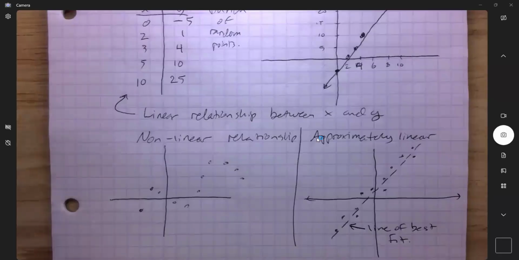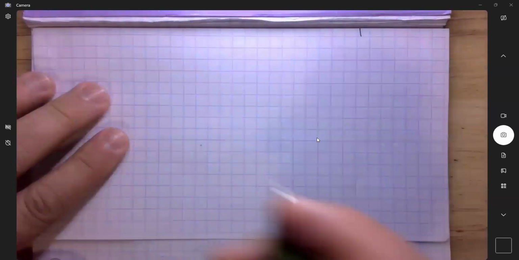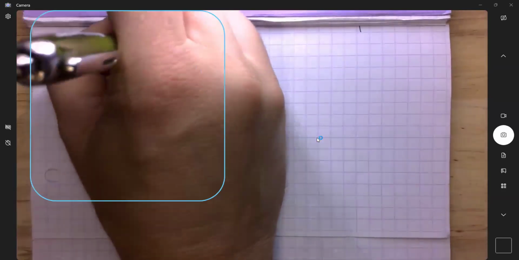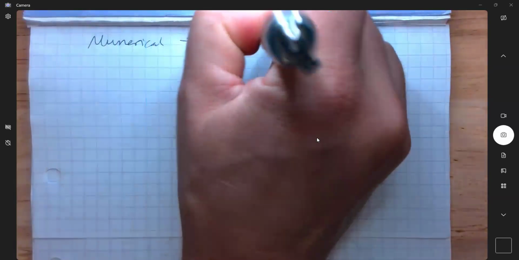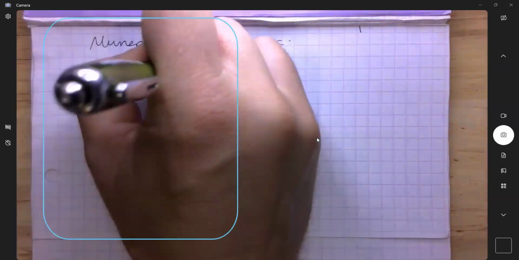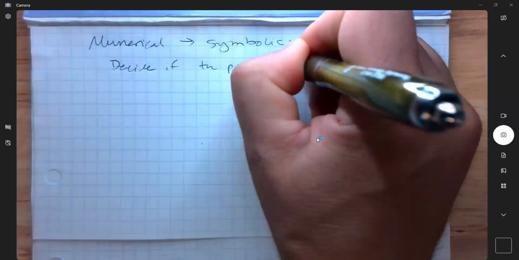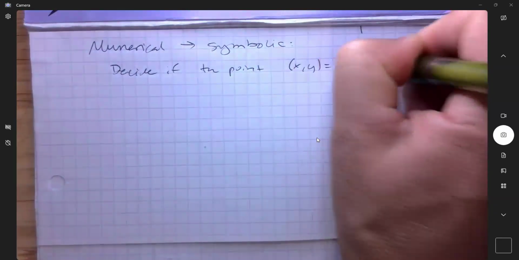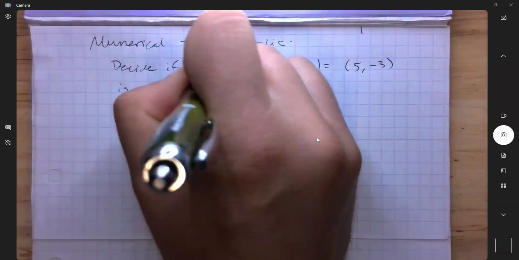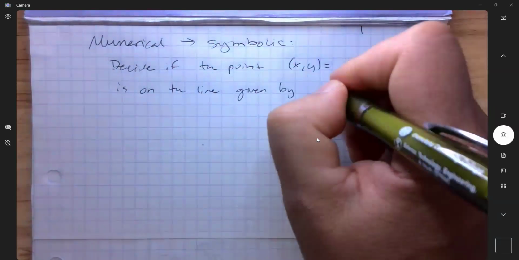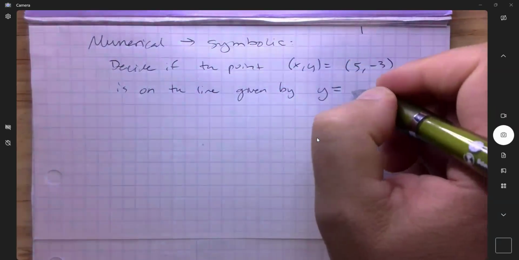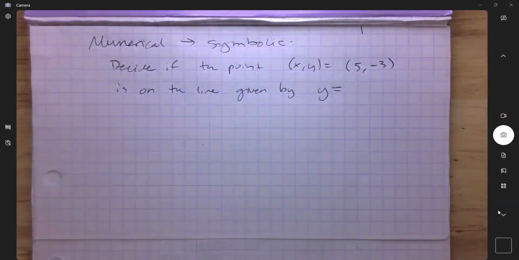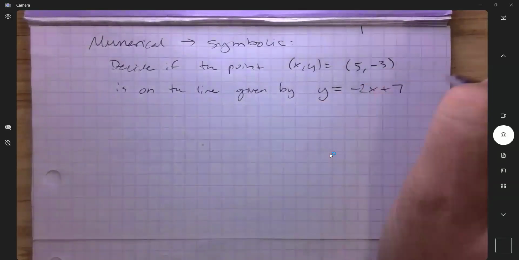Okay. All right, so we so far have been going between numerical representations and graphical representations. This section also touches on going from numerical to symbolic. An example of that is: decide if the point (x, y) = (5, -3) is on the line given by y = -2x + 7.